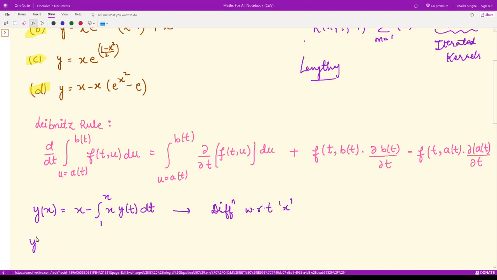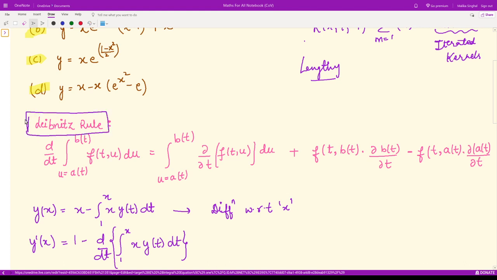We'll obtain y dash of x, that is equal to 1 minus d/dx of the integration from 1 to x of x y(t) dt. So how can one obtain the derivative of this integral function? For doing that, we have the Leibniz rule. What is that?